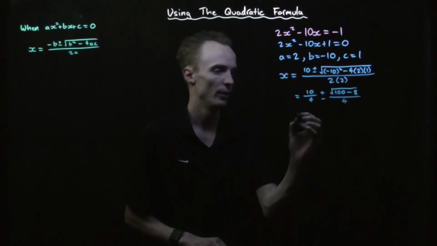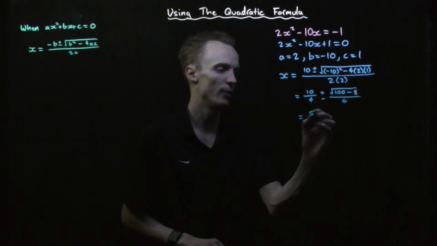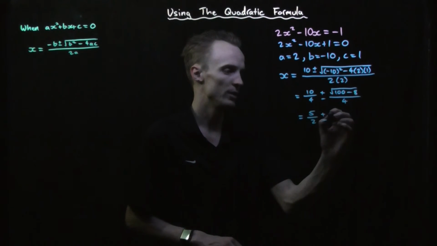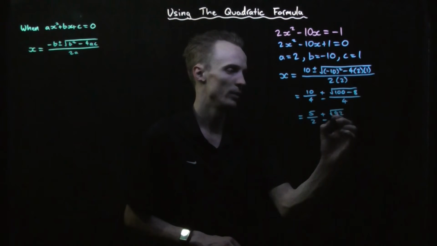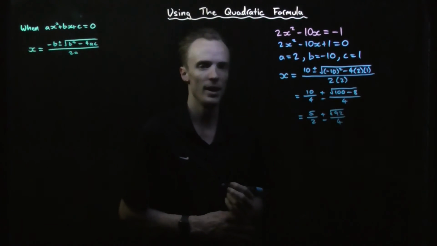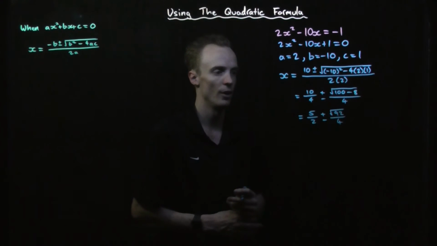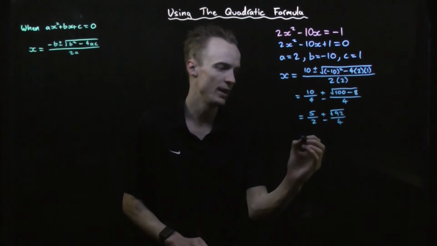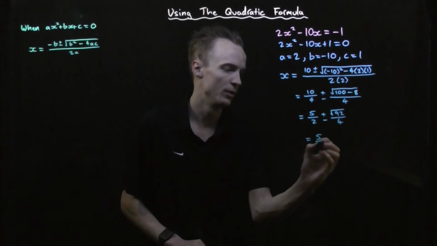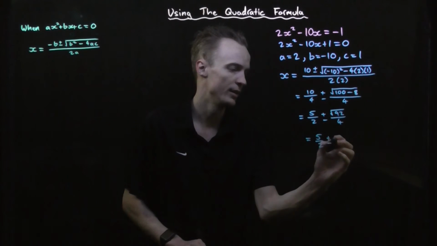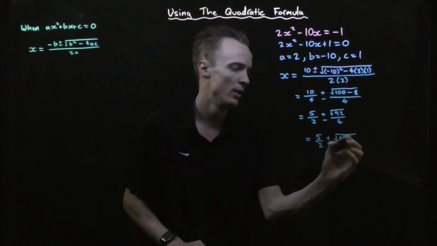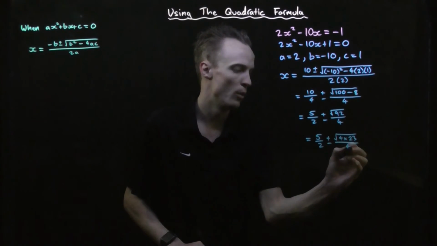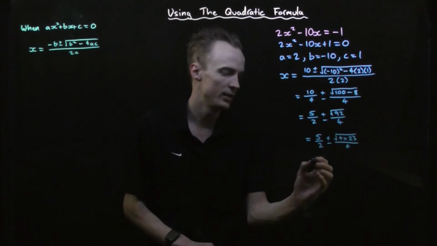Next, we simplify this. So 10 over 4 simplifies to 5 over 2, plus or minus 100 take 8 is 92, so it's root 92 divided by 4. From here, we look to see whether we can simplify this surd. In this case, I notice that it has a factor of 4. So this is equal to 5 on 2 plus or minus the square root of 4 multiplied by 23, all divided by 4. From here, we continue to simplify this down.